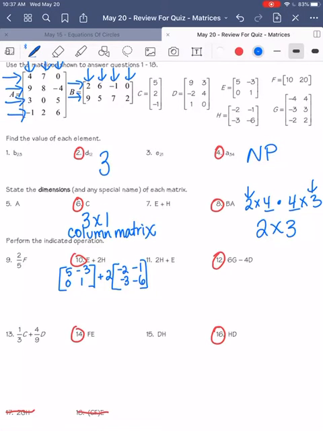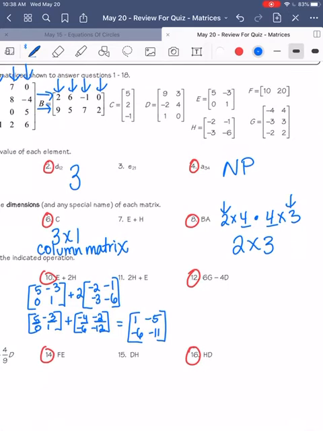The dimensions are the same here, so we can do this. So we're going to bring this one down. I'm going to distribute my 2. And now I can add them up. Remember, you're just going to add entry plus entry. So 5 and negative 4 is 1. Negative 3 and negative 2 is negative 5. That should be your final answer there.